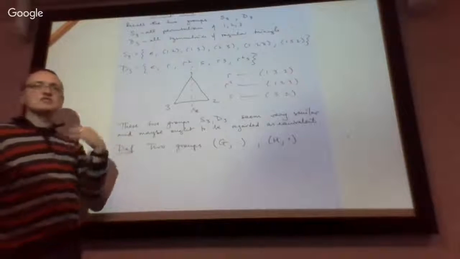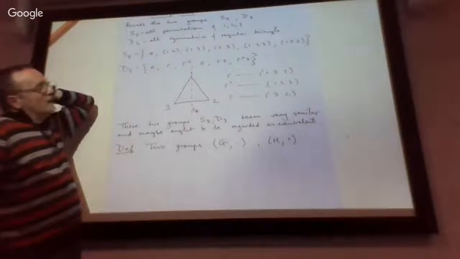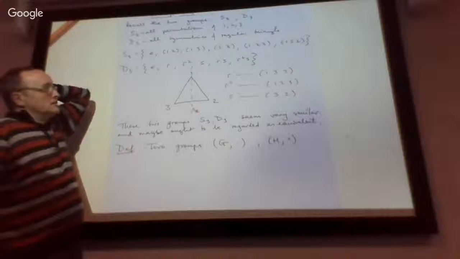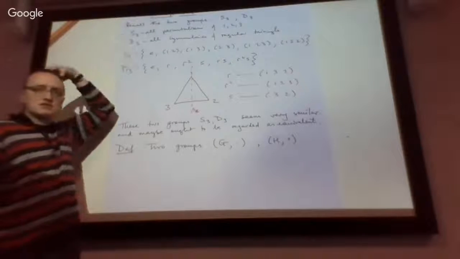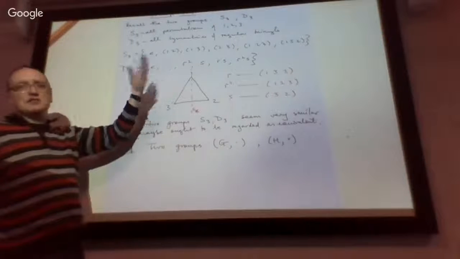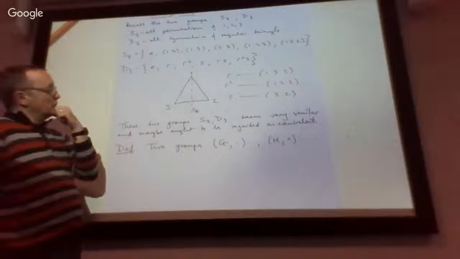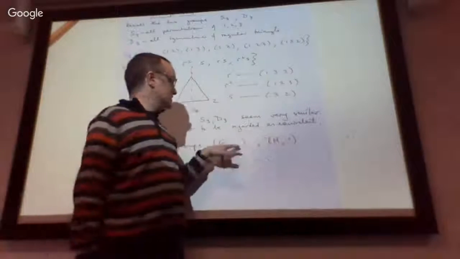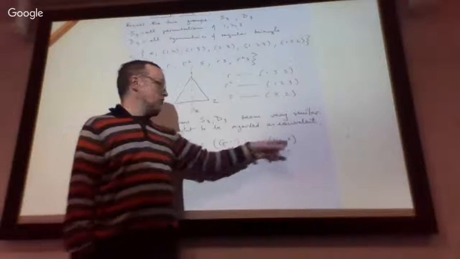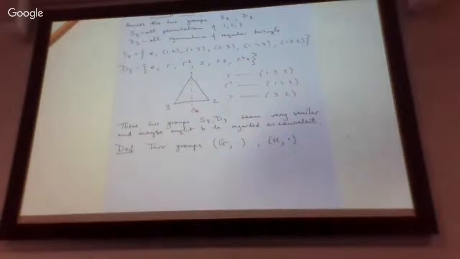It's composition of functions. But we're going to be meeting cases where the operations in the two groups are certainly very different. Sometimes it'll be composition of functions in one, and maybe addition of something in another. This emphasizes that there's no requirement that the operations be the same operation. In general, they'll be different because they're different operations defined on different sets.